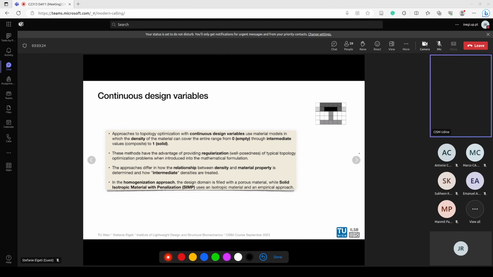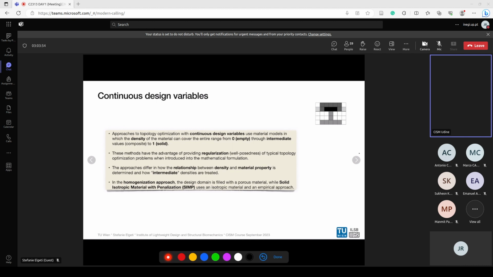Then in the homogenization approach, the design domain is filled with a porous material. So each cell has a certain porosity, and then you adjust the porosity. Whereas in the solid isotropic material with penalization, or SIMP, that we already saw, we use an isotropic material, and we adjust the density.